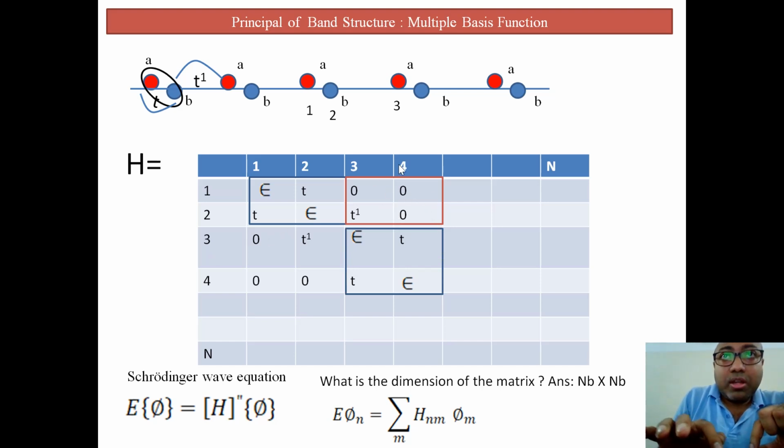At the moment please don't consider this one. I'm talking about this box and this box. You see these components are repeating: epsilon t, t epsilon. Similarly, here also we have the same thing, epsilon t, t epsilon. That means these blocks are repeating.